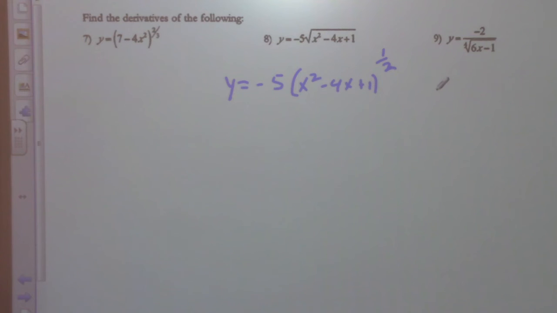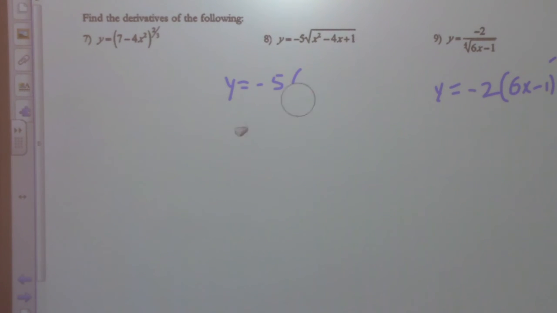This one is y equals negative 2, 6x minus 1 to the negative 1/4 power. You can see that we have to do the rational-radical conversions and go back and forth. All right?